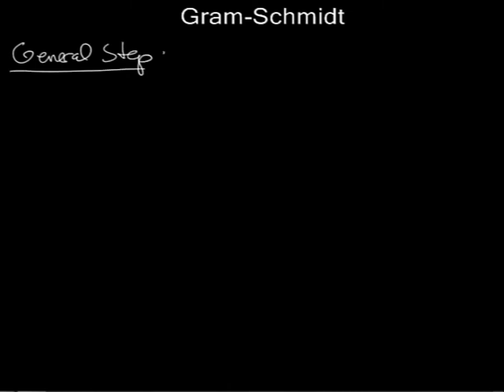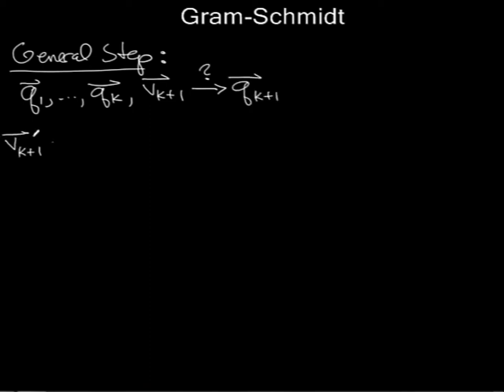So let's look at the general picture here, the general algorithm. Let's suppose that you found k of these orthonormal vectors, and you're working on the k plus 1th vector. So you're looking at v(k+1), and we're trying to get q(k+1).